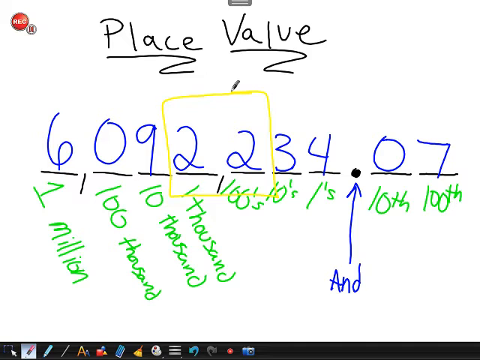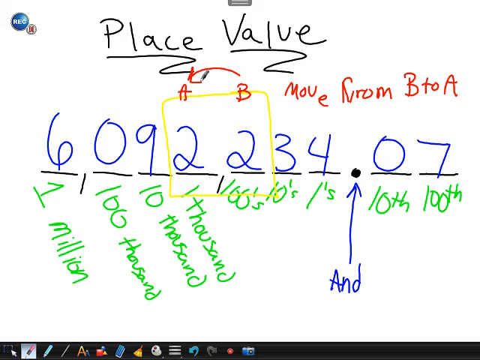Knowing what's happening with those twos next to each other. So if I said that this 2 was in the A position and this 2 was in the B position, and somebody asked me to move from B to A, you have to think about what's happening.